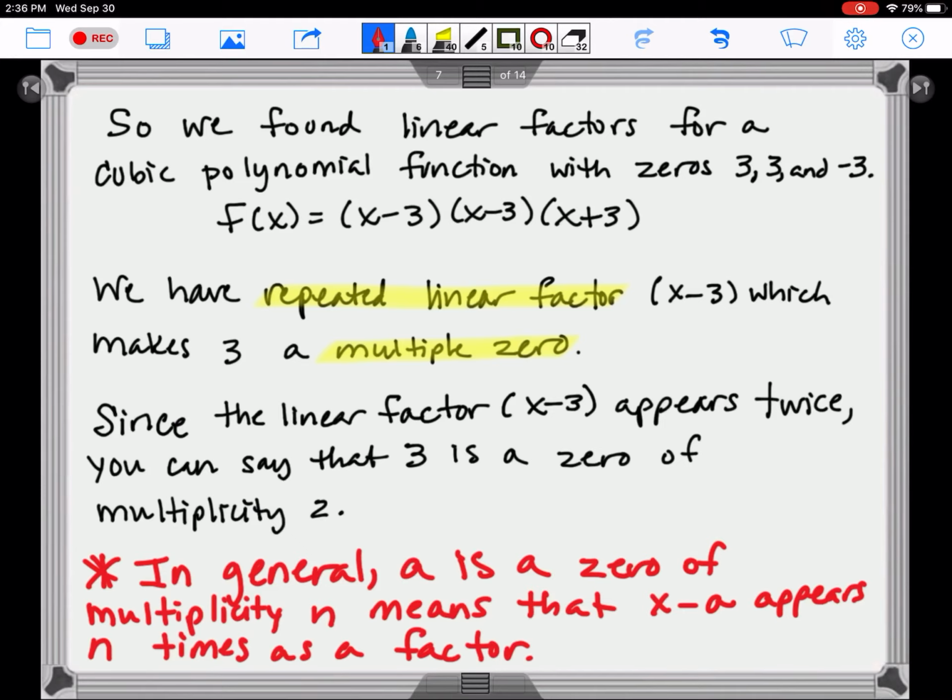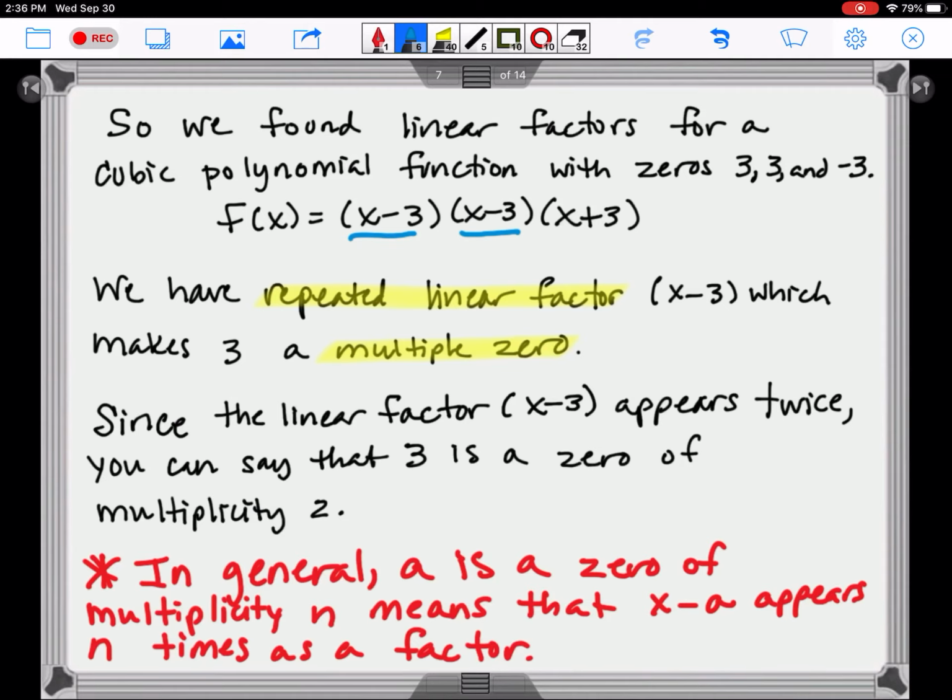So we found that the linear factors for that cubic polynomial function that has the zeros of 3, 3, negative 3 were written as f of x equals x minus 3 times x minus 3 times x plus 3. That means we have repeated linear factors of x minus 3. Well, that makes the 3 a multiple zero because the factor happened twice. That would mean that the zero, 3, has a multiplicity of 2 because it happened 2 times.